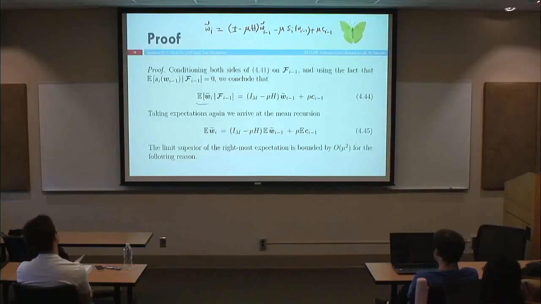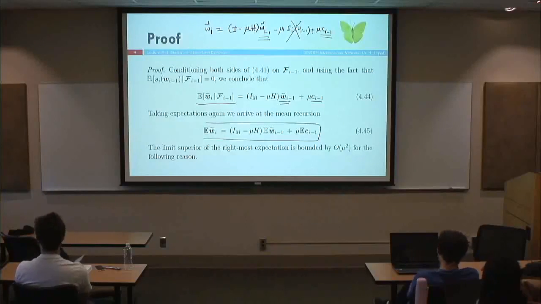Now take expectation of both sides. The conditional expectation of both sides, this term under expectation is zero mean. So you get, and then conditioned on F, right? So this is a constant, and this depends on W tilde, it's a constant. So that's what you have, right? Take expectation again, you end up with this.